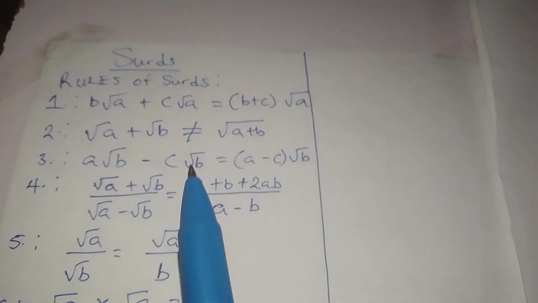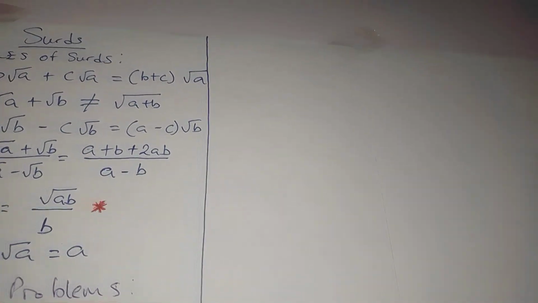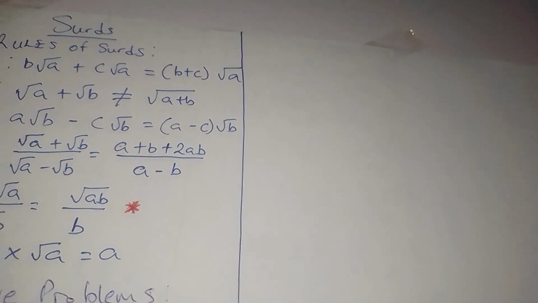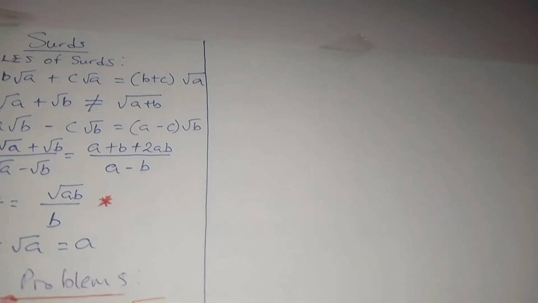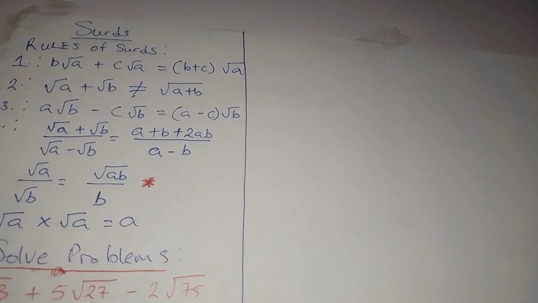Now coming to rule 4. Rule 4 is just like the same thing, and it is also called rationalization of surd. What's the meaning of rationalization of surd? It simply means that when I have an algebraic sign in my denominator for a surd, I need to change the sign whenever I want to rationalize.